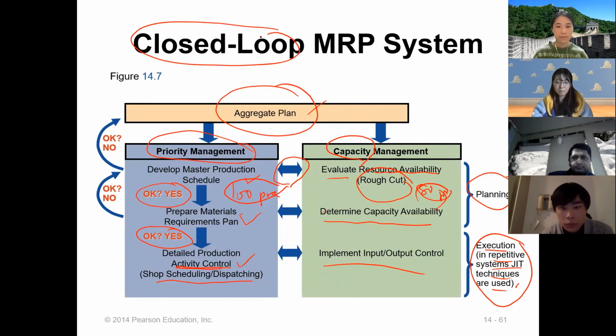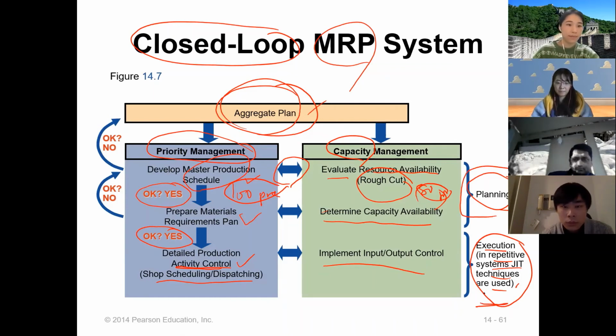That's why it's called a closed loop MRP system, because it is from the aggregate plan, then your master production schedule, which is your planning, then execution, and of course it has to be monitored.